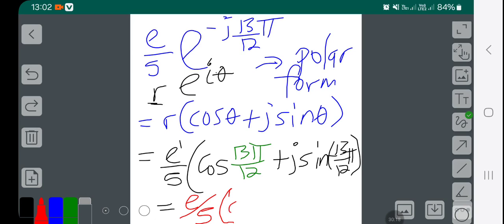Here it's going to be cos 13 pi over 12, then minus j sine 13 pi over 12, then closing bracket. This one will become your polar form now. This one will just become your final answer.